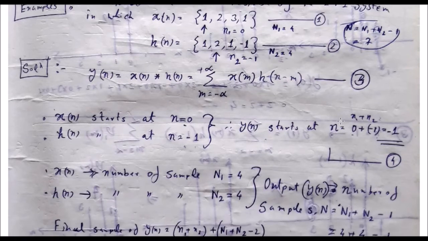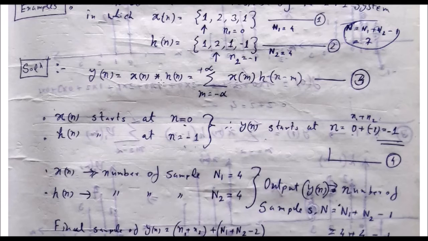Now you first have to understand what should be the starting sample of the convolution between them, y[n]. So the starting time index should be n1 plus n2. If n1 is 0 and n2 is minus 1, then n1 plus n2 is minus 1. From the minus 1 time index, the convoluted signal y[n] will start.